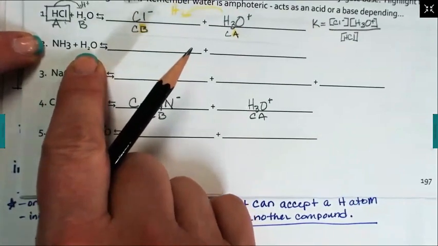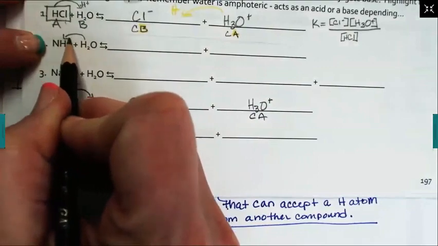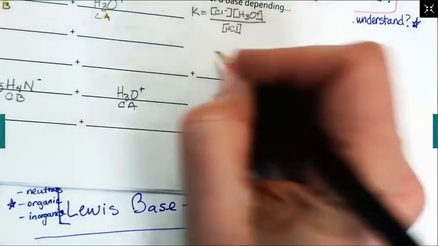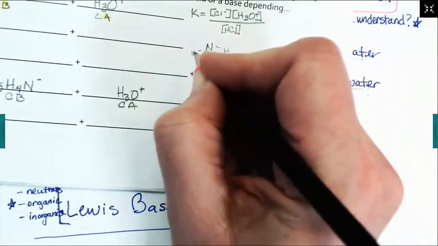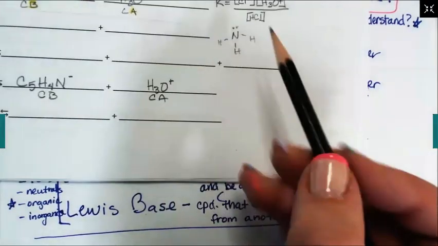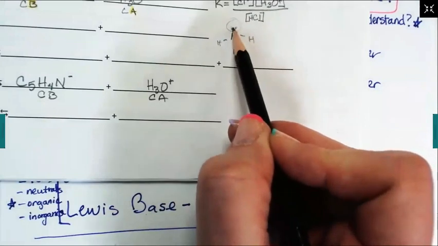Let's do number 2. Water would be an acid here. Remember NH3? It is totally fine taking another hydrogen right there.